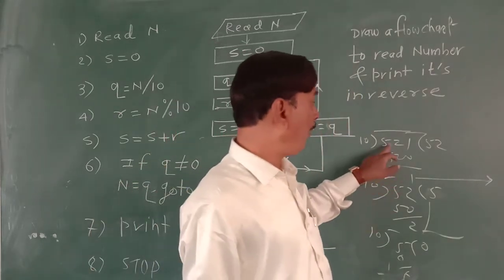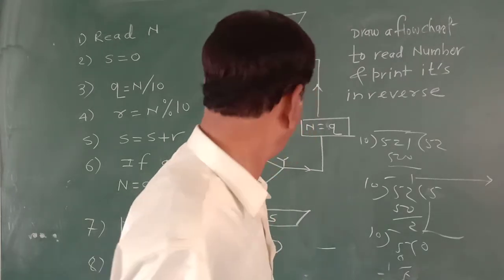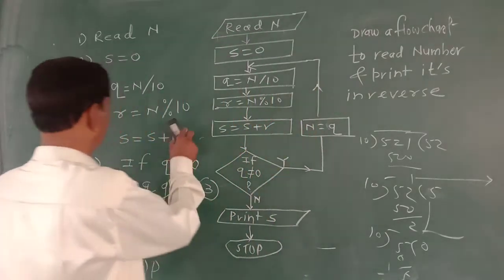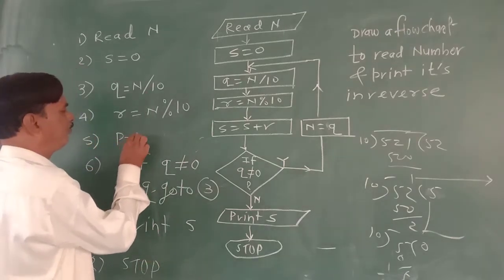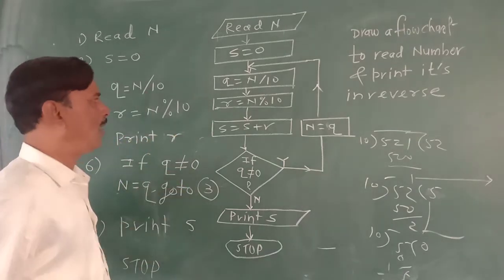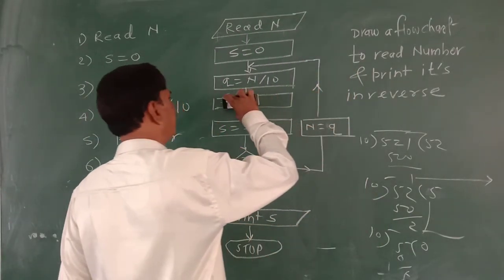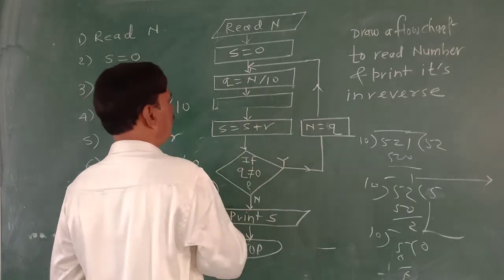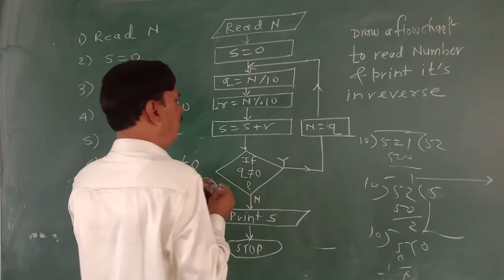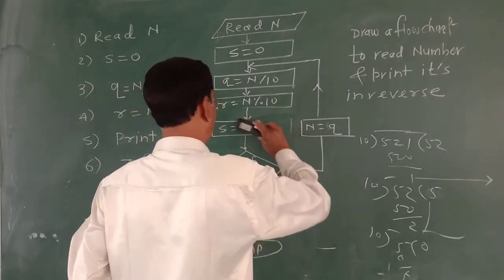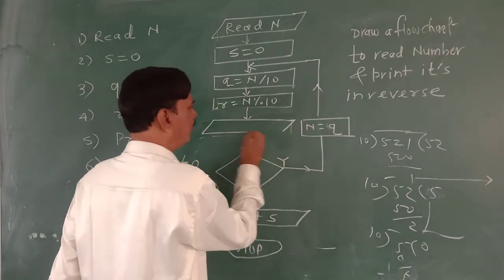It means 125: 521 to 125. Here we are not going to add, rather simply print R. So what is the change? R is equal to n modulo 10. Here instead of adding, print.